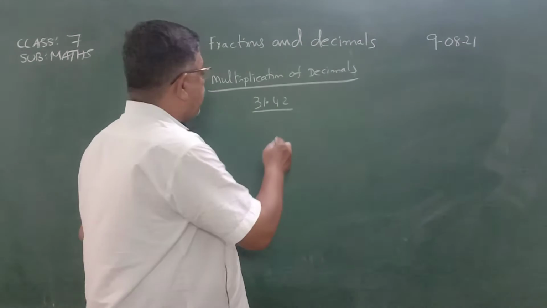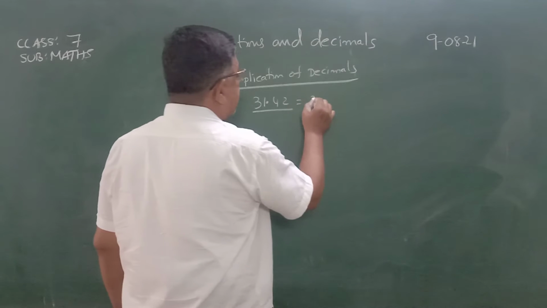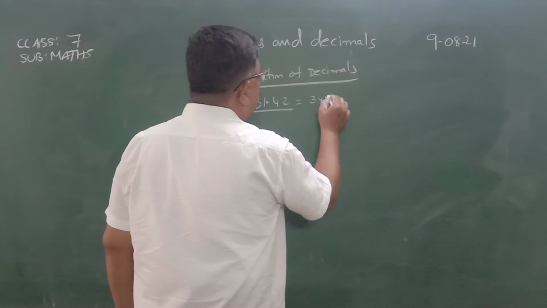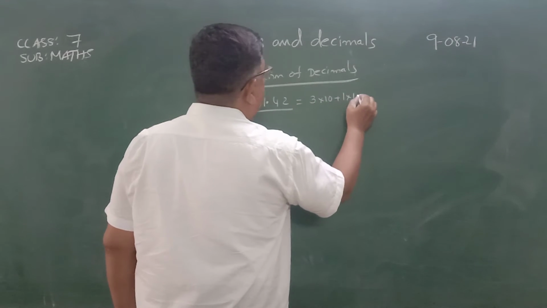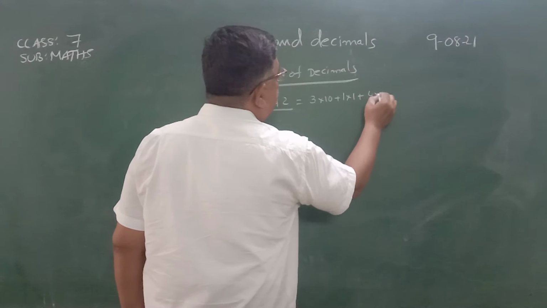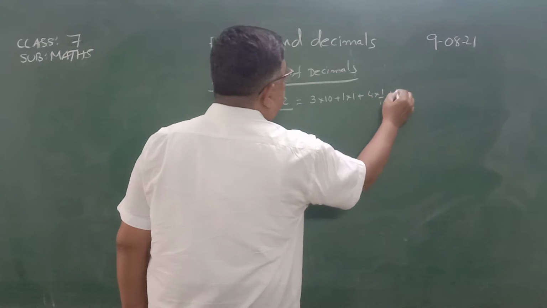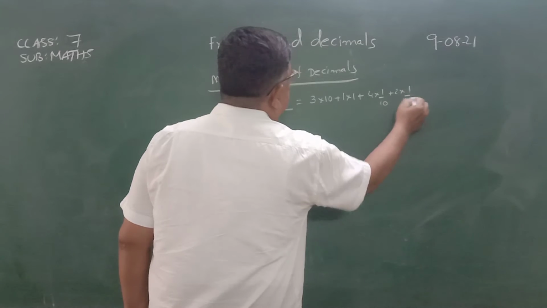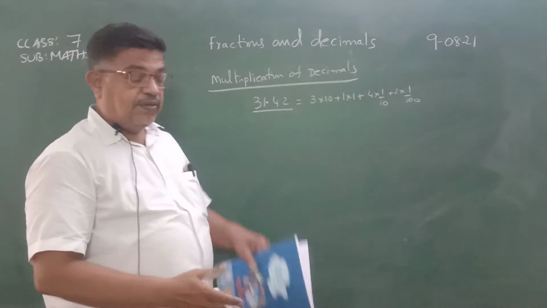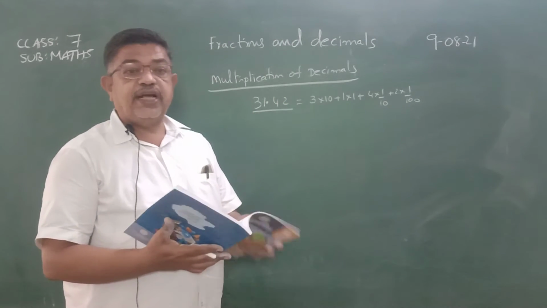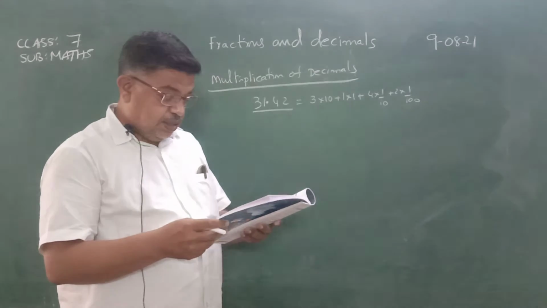So 31.42 you can write in the expanded form: 3 into 10 plus 1 into 1 plus 4 into 1/10 plus 2 into 1/100. This is the expanded form of this decimal 31.42. We can expand and write the given decimals.